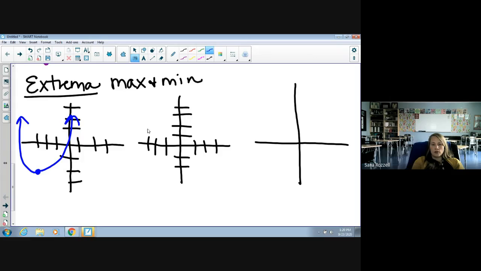Second is a cubic that goes through -3, 2, 0, and 2, -1. And it goes up, down, up. And the last one we'll look at is just a cubic that just does a little teeny tiny curve.